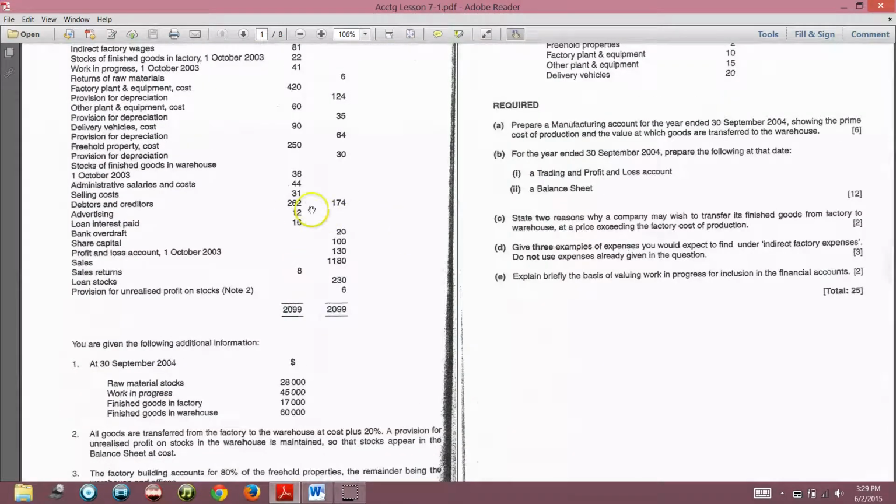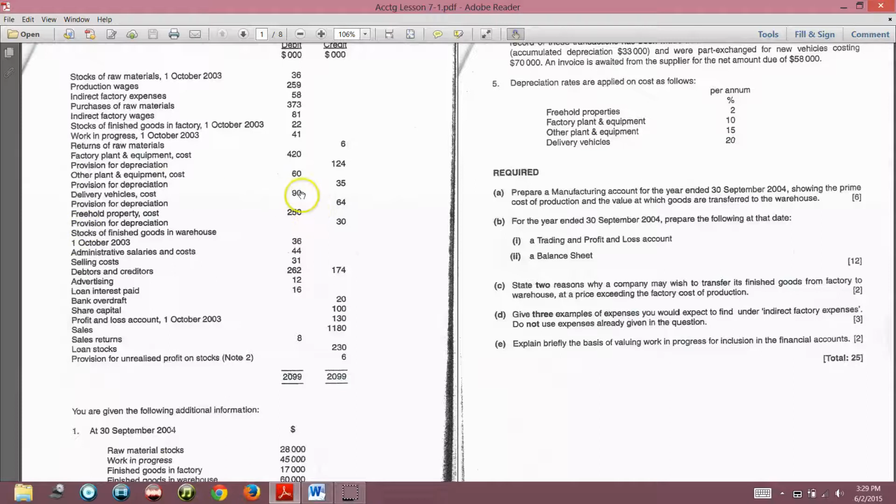In the question here, delivery vehicle is 90,000. So how are we going to manage this? And then this is the provision for depreciation for delivery vehicle, which is 64,000.